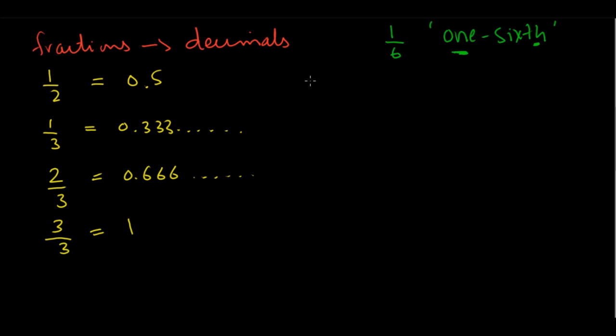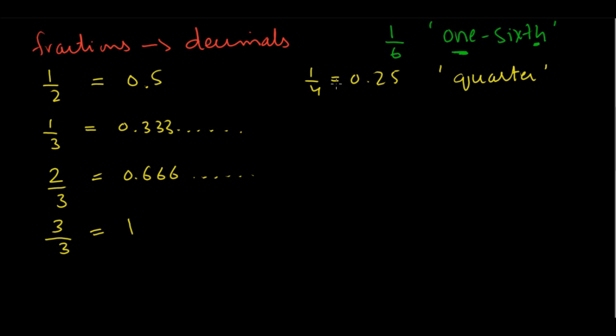Moving on to fractions with denominators of 4. So 1/4, that's 0.25. This is also known as a quarter. Whenever you hear the word quarter, it means you're referring to one part out of 4. So if you have 4 slices of pizza and you ate 1, you ate a quarter of a pizza.